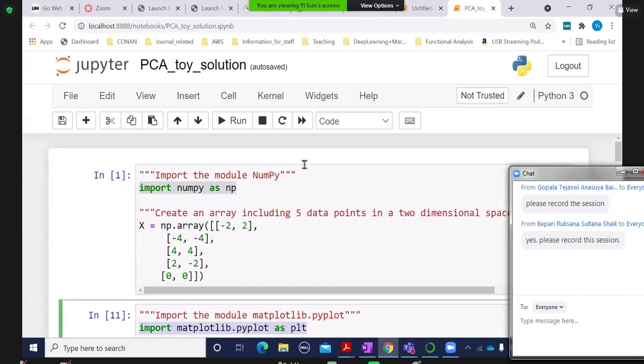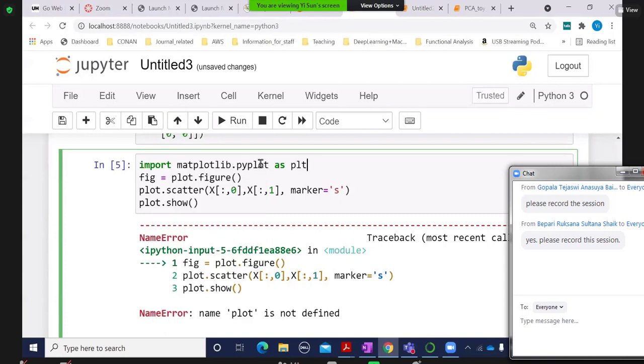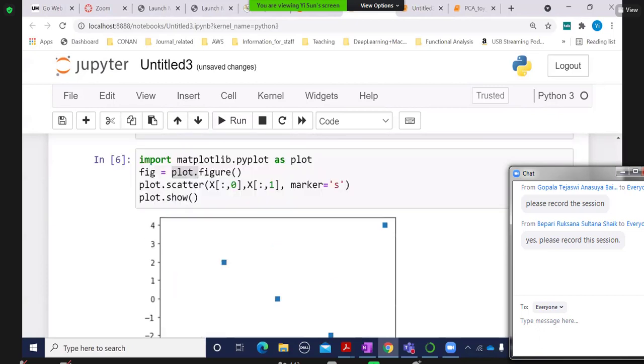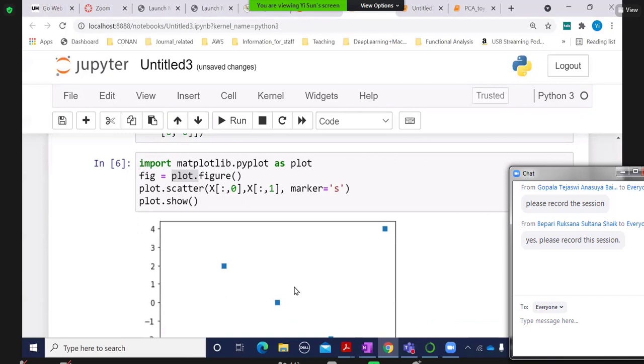Again, this plt is just a name. I don't want to use the whole thing here, it's too long. So we run it this time. We get the figure. So don't be scared by seeing error messages, okay?